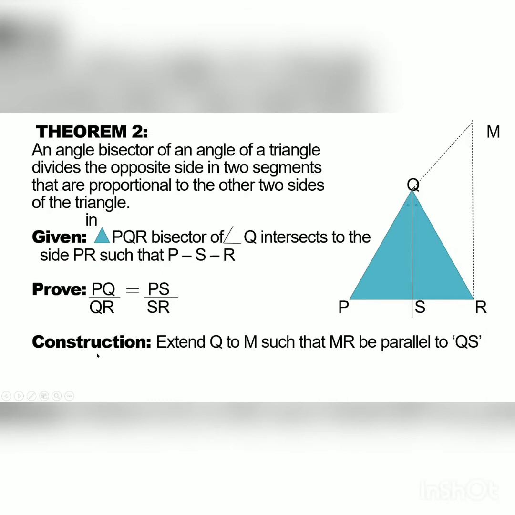Here you have to do some construction. First extend QP up to point M and join M up to R in such a way that segment MR is parallel to QS.